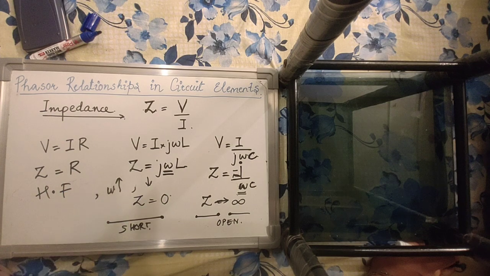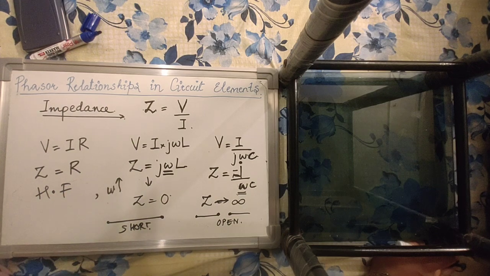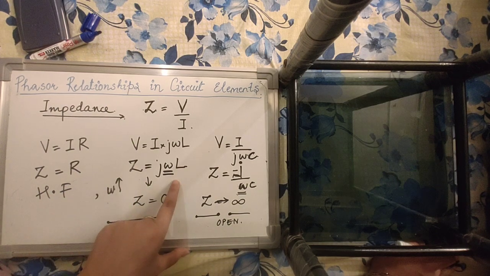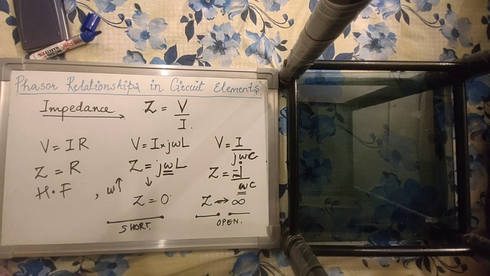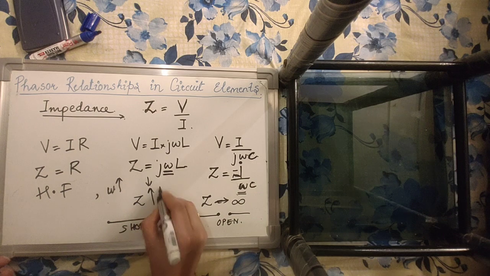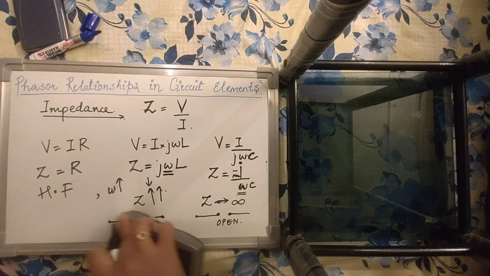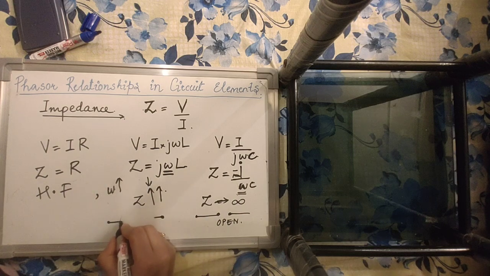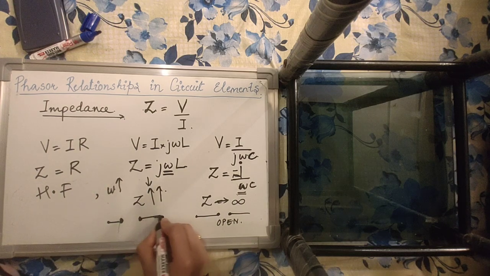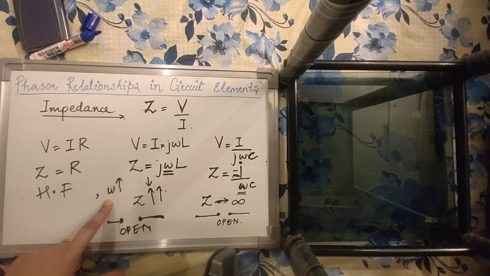However, if the sinusoidal voltage source has a very high frequency, then the impedance offered by the inductance is going to be very high. It is possible that it may not allow current to flow. Your inductive circuit may behave like an open circuit because it's offering a very high impedance to high frequency AC signals.